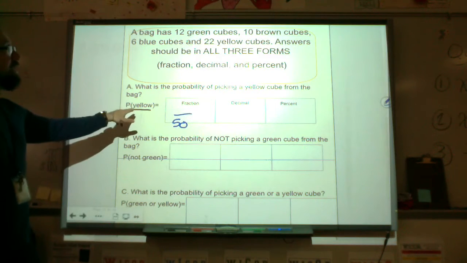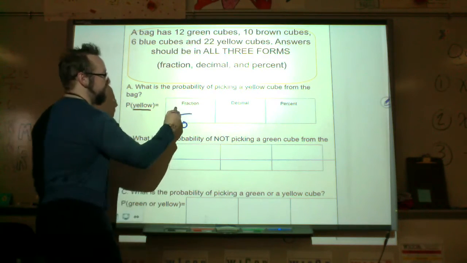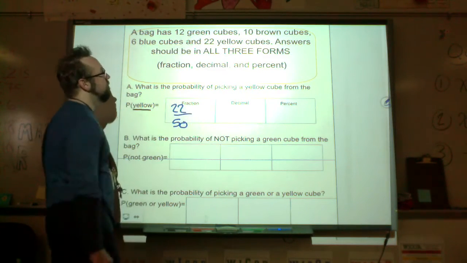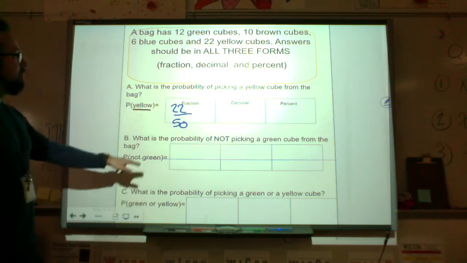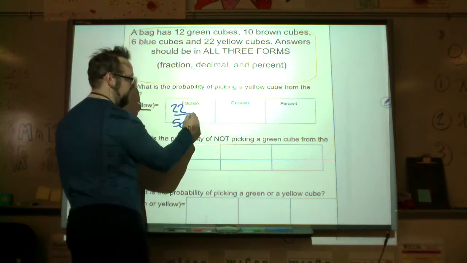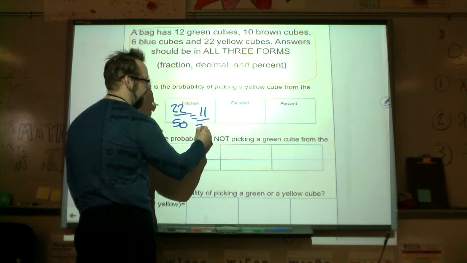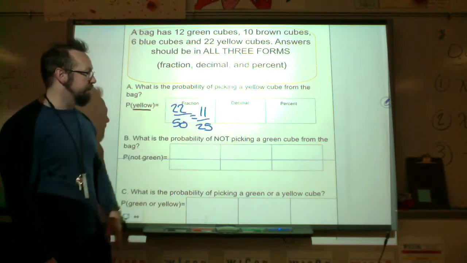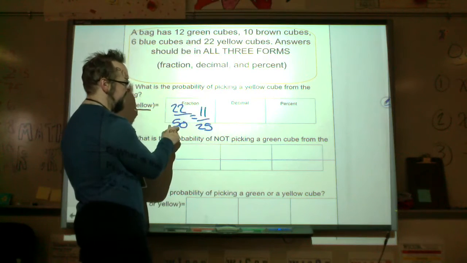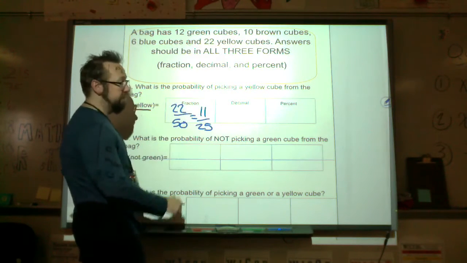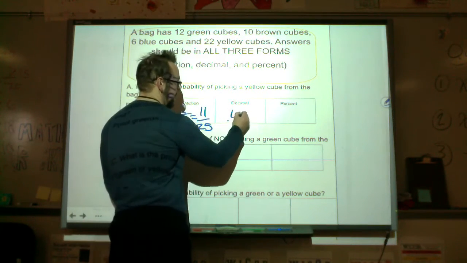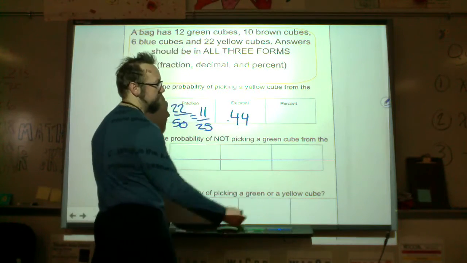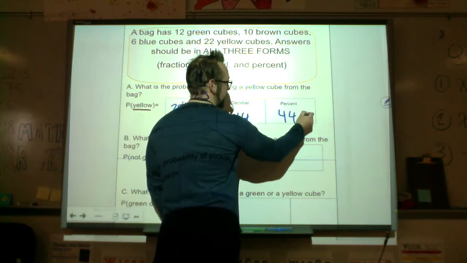The probability of getting a yellow one is 22 over 50, which reduces to 11/25. And that, as a decimal, hopefully you recognize this, as being a factor of 100 makes things easy, is 44 hundredths, and then 44%.